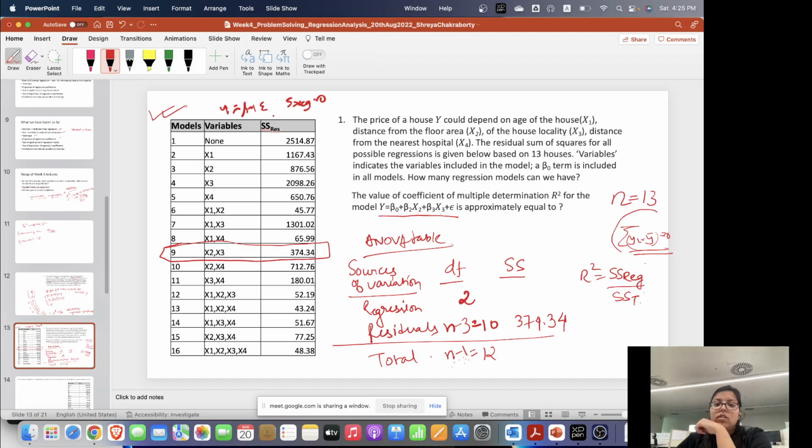There is no regression line here because there is no predictor. So this value that we have as residual is essentially my total sum of squares. Is this part clear? Why is this the total sum of squares?